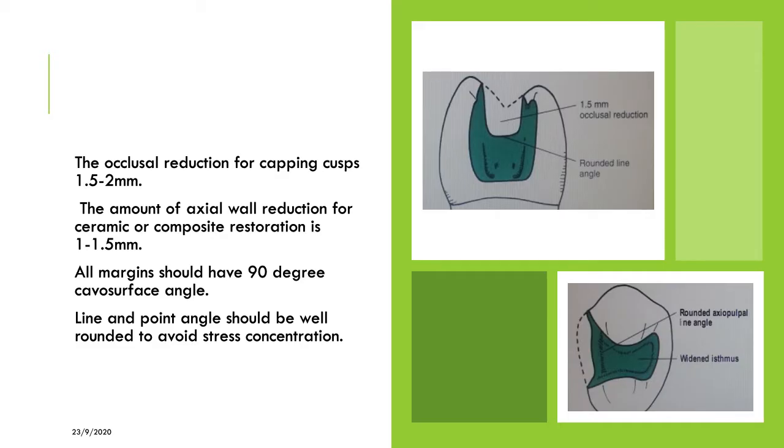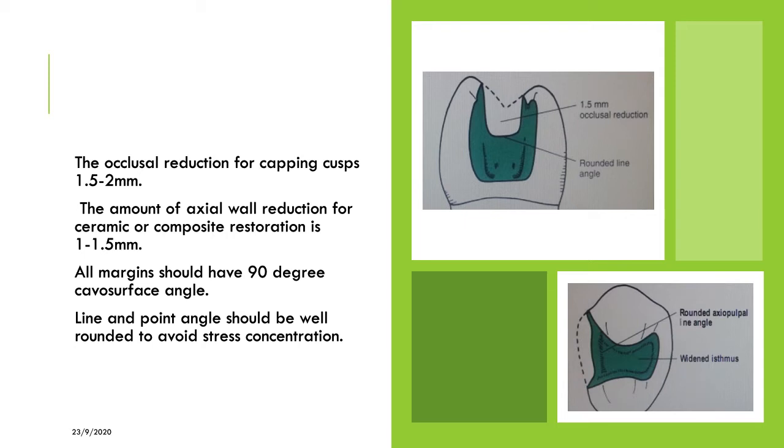Next is the occlusal reduction for the capping cusp. It should be 1.5 to 2 mm. Then the amount of axial wall reduction for the ceramic or composite restoration is 1 to 1.5 mm. All margins should have a 90-degree cavo surface angle, and line angles and point angles should be well rounded to avoid any stress concentration.